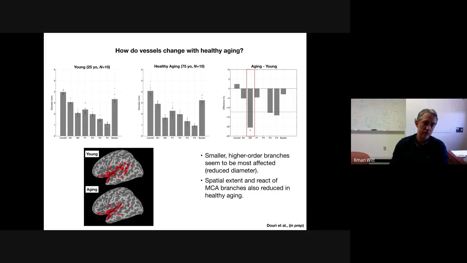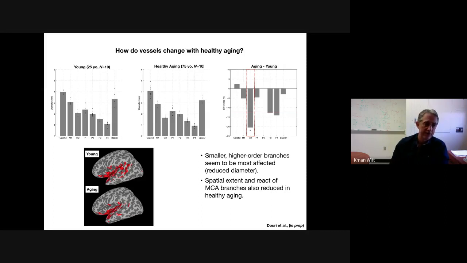And you can see that here when you project the results onto an inflated surface of the brain. You can see that the spatial extent of the MCA is larger in the young than the aging. That means that the arteries are reaching the cortex in the young, but less so in the healthy aging.